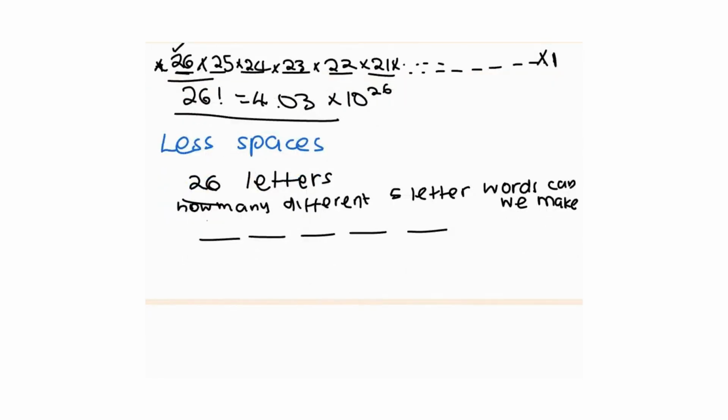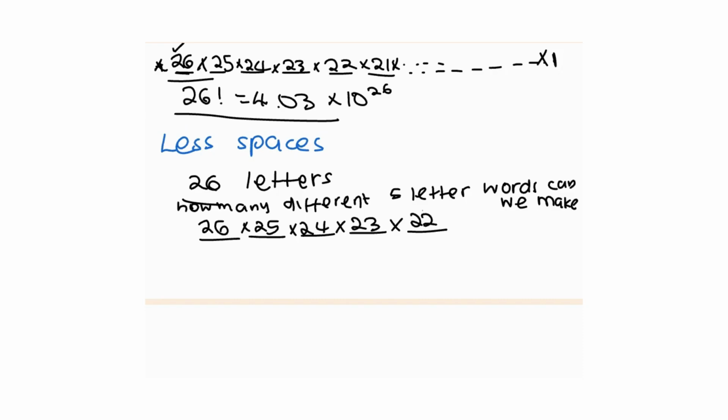It means you're going to say, okay, for the first position, remember we're still under no repetition. We are not repeating. For the first letter I'm going to choose from 26. For the second letter, because we are not repeating, I'm going to choose from 25. Third letter I'm going to choose from 24. Then 23, then 22. Then you are done. You have filled your 5 spaces.